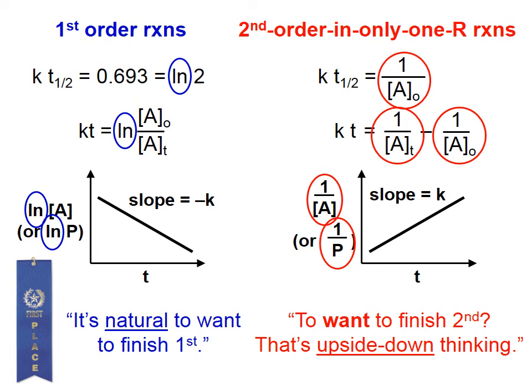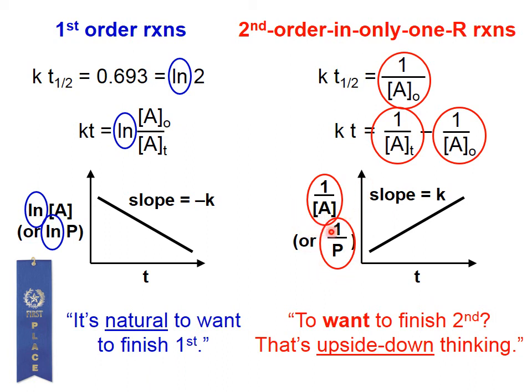There you go. On the left, it's natural to want to finish first. Natural log, first order. It's natural to want to finish first. In the lower right, to want to finish second, that's upside down thinking. In that mnemonic, you've got your second order reaction and you've got the upside down thing.